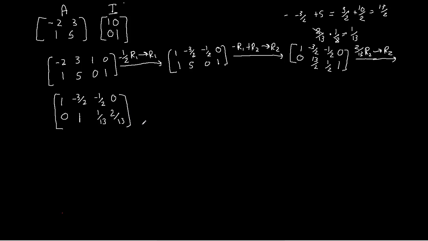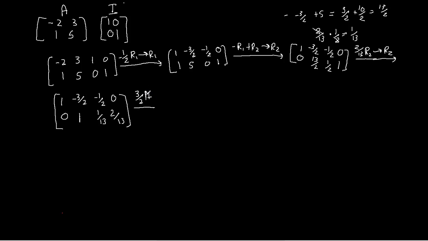Okay, so we do that. Now we want to make this into a 0. To do that, we need to multiply this row by 3 halves and add it.